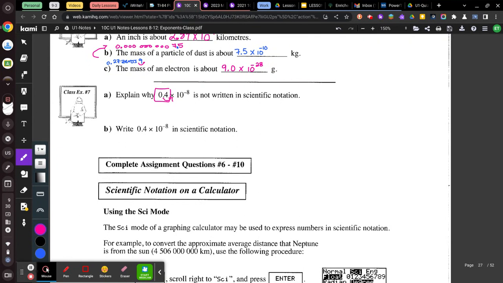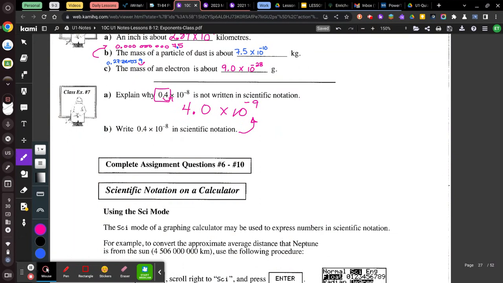Now, if I'm moving my decimal to the right, that means it's going to be another negative space. So I'm going to add another negative to that. So it's going to end up as 4.0 times 10 to the -9, because I had to move it one more place. Okay, so it's times 10 to the -9. That's what it should look like.